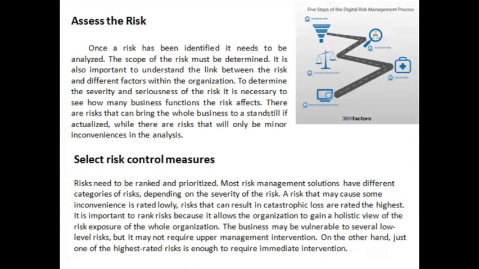It is important to rank the risk because it allows the organization to gain a holistic view of the risk exposure of the whole organization. The business may be vulnerable to several low-level risks, but they may not require upper management intervention. On the other hand, just one of the highest risks is enough to require immediate intervention.